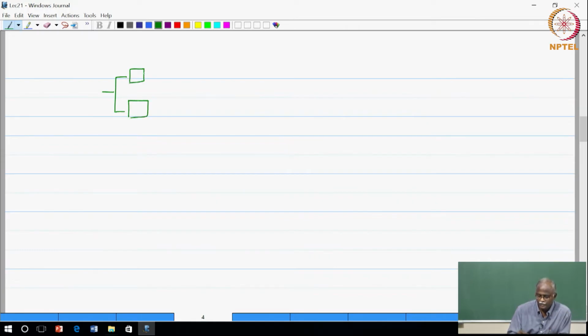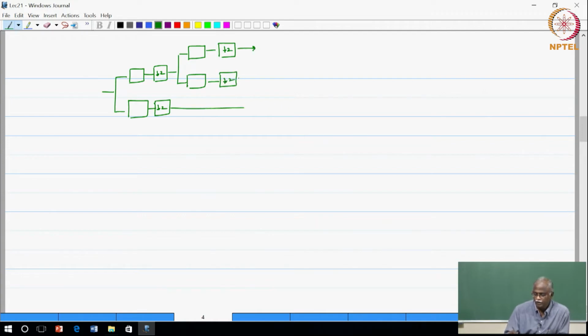There is a filter here, and there is a downsampling by a factor of 2, downsampling by a factor of 2. Now I split only this branch as one more stage, downsampling by a factor of 2, and this is downsampled by a factor of 2. So now if you look at it, it looks like you have different downsampling in the different branches, because you have 4 in the upper 2 branches and 2 in the lower branch.